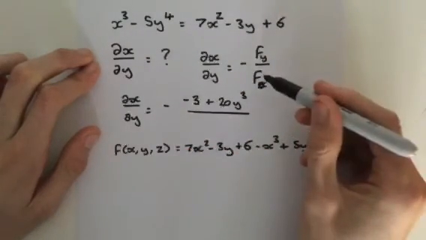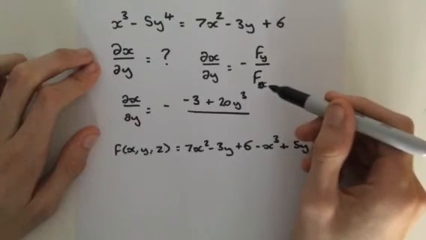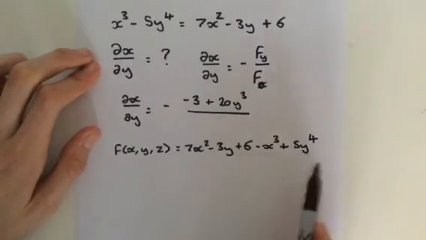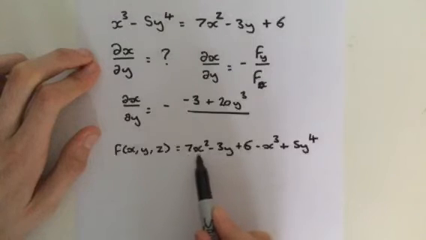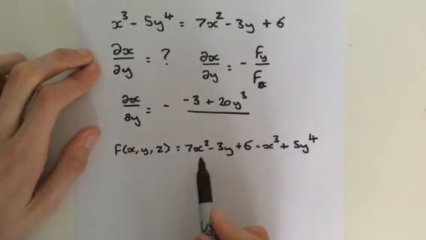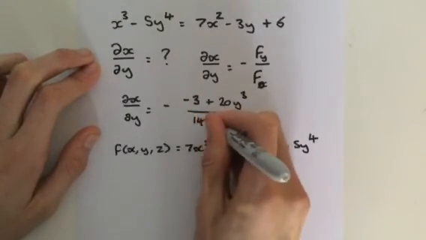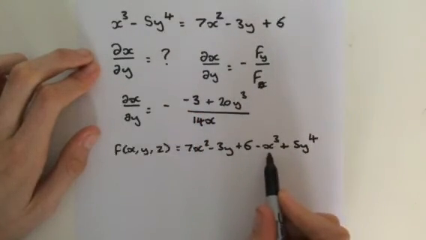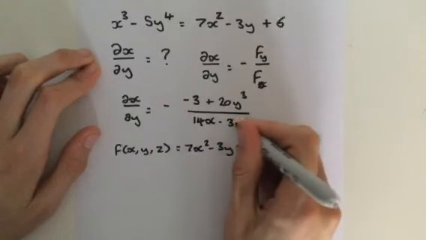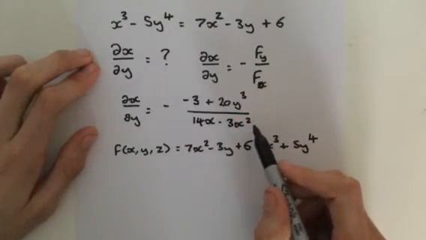Now we divide that by the partial of the function with respect to x. Those are constants, so we're left with 7x squared minus x cubed. Differentiating 7x squared with respect to x, we get 14x, and differentiating minus x cubed, we get minus 3x squared. Okay, so that's what we get.